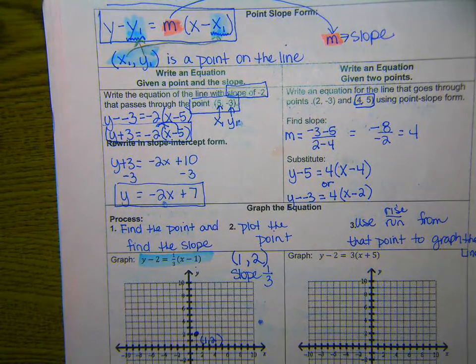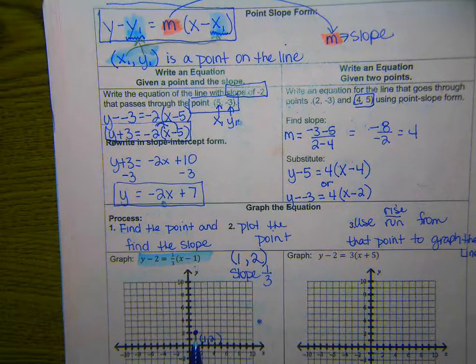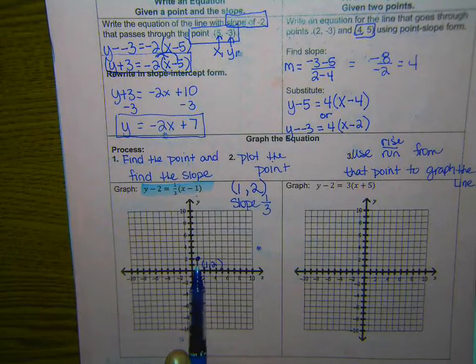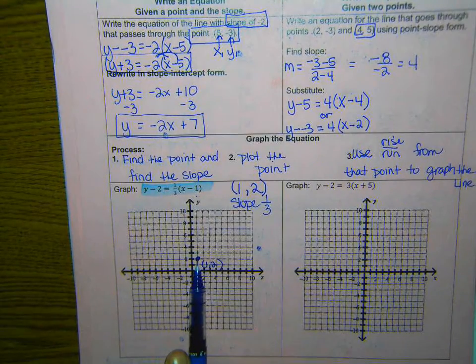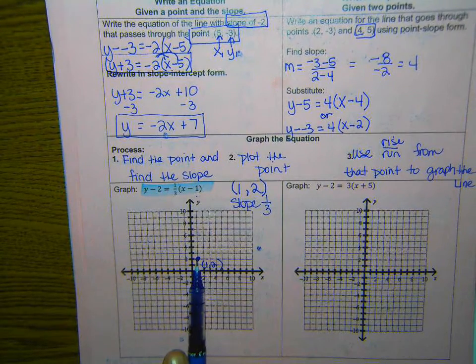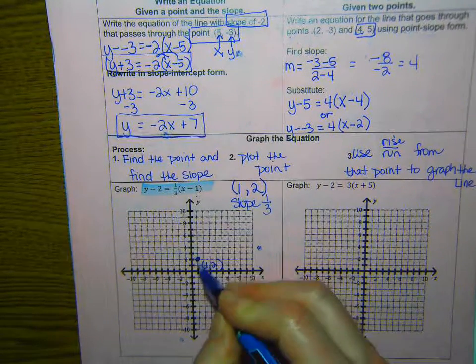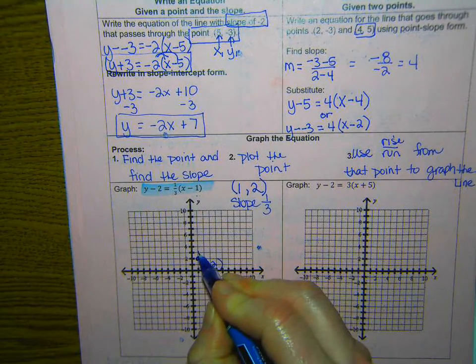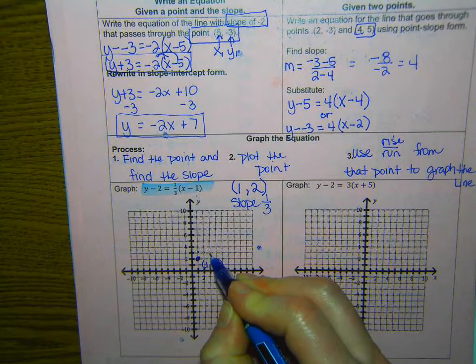Now I said use rise over run from that point. Put your pen or pencil on the point. What's the rise and the run if my slope is 1/3? So from that point, I am going to go up 1 over 3.